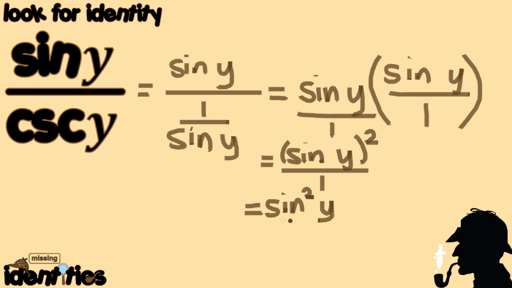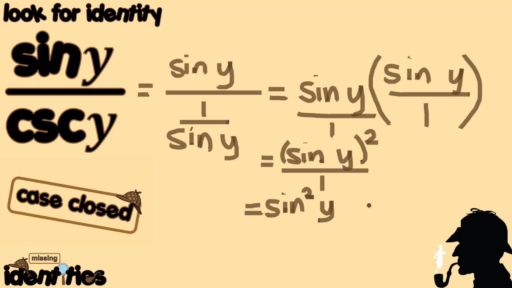Since this is still all over 1 and the denominator is 1, we can write it as it is. Now, the identity that we have found equivalent to the ratio of sine y and cosecant y is the square of sine y or sine squared y. This case for missing identity is now closed.